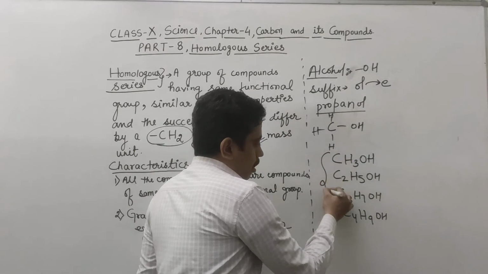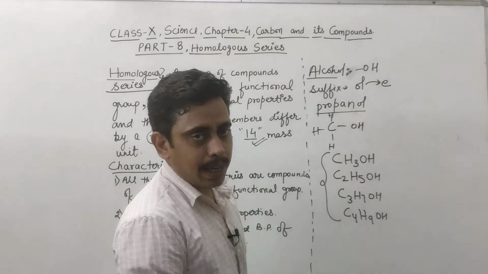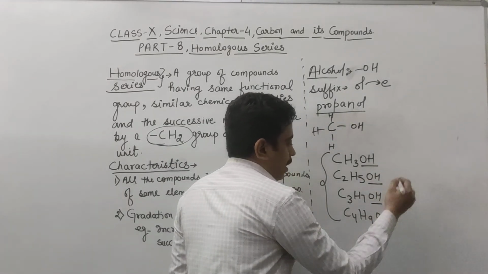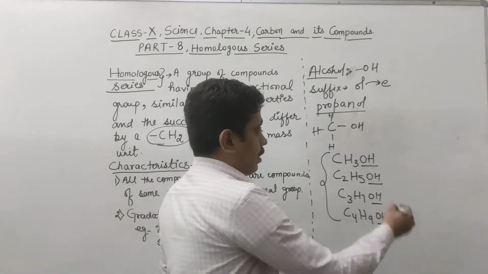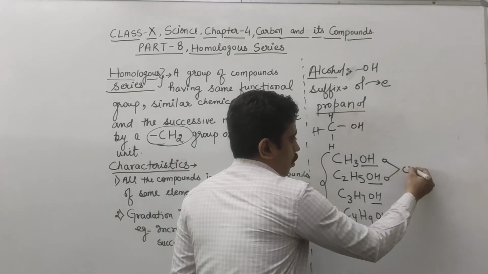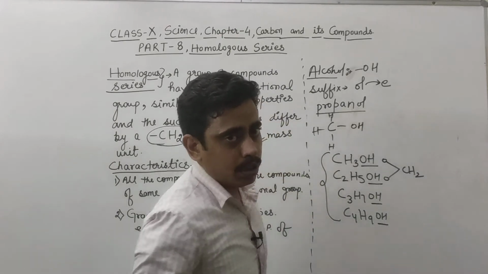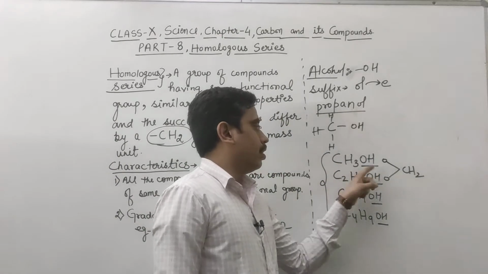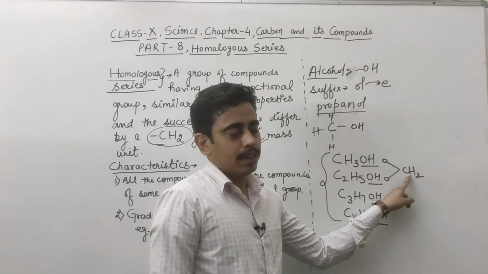So let's see what is the difference in all them. They have same functional group, that is alcohol, but what is the difference? If you will see the first compound and second compound, they have the difference of CH2. See, one carbon, 2 carbon, that is the difference of one carbon.